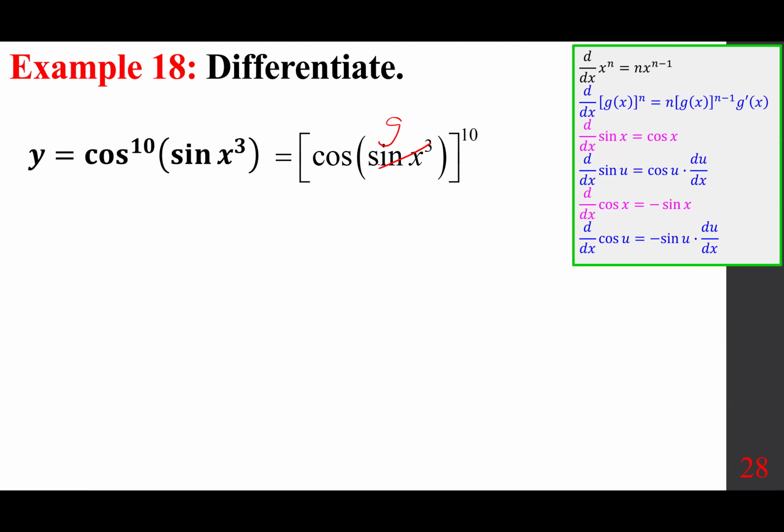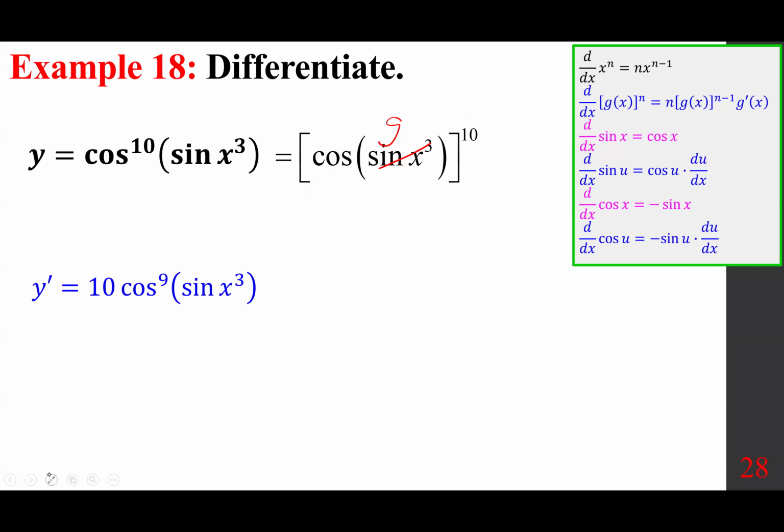So we are going to use the extended power rule. So we need 10 cosine to the power of 9. And of course, cosine to the power of 9 of what? Same argument, g, sine x cubed.